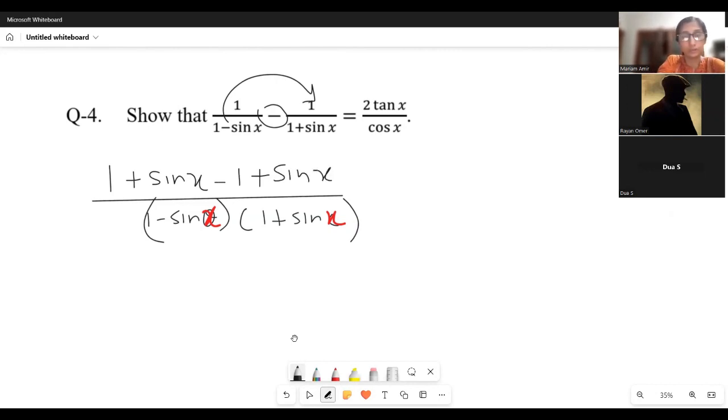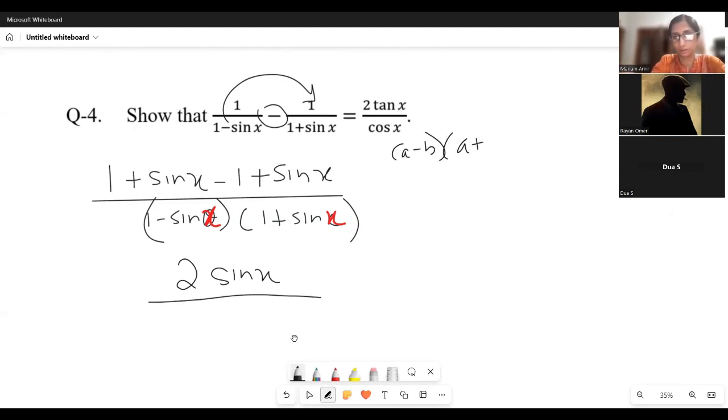So the numerator is 2 sine x. And then the denominator would be a minus b times a plus b, which is what? That is a square minus b square. So we'll get 1 square, which is 1, minus sine square x.